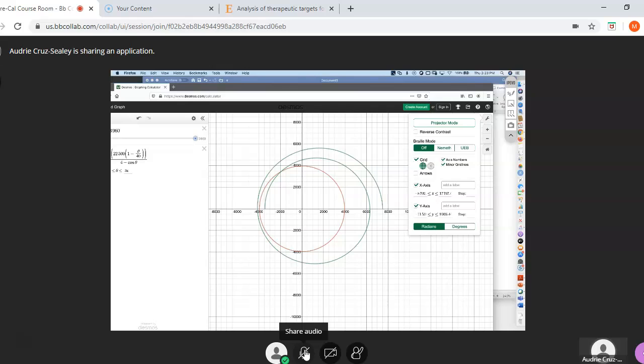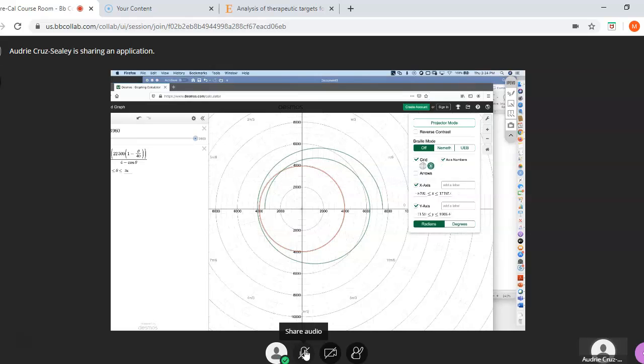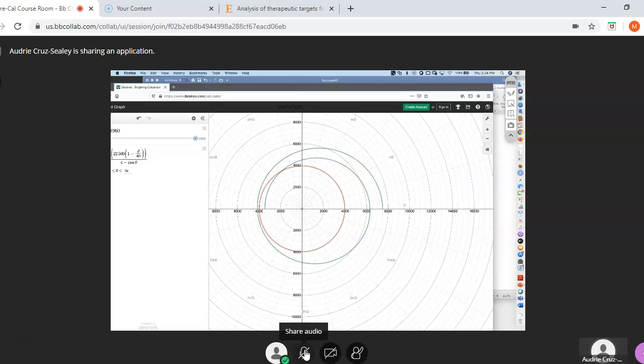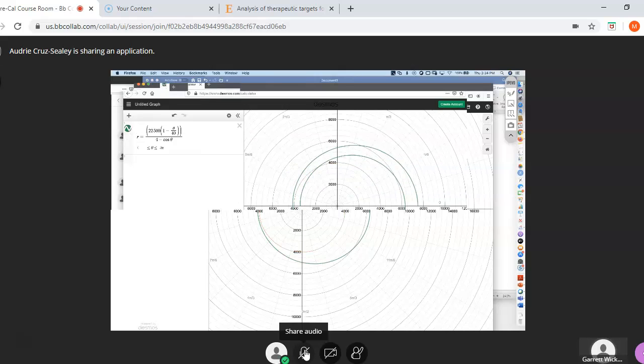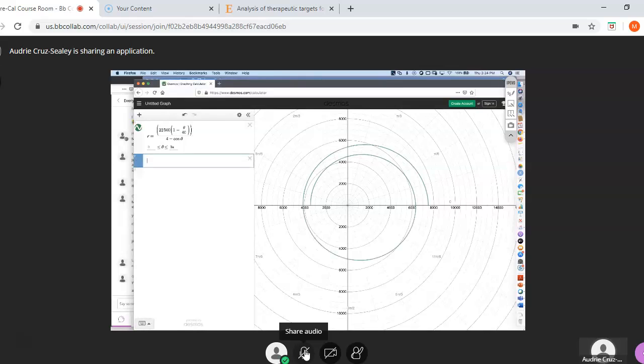If you come over here and change the grid to a circular one, a polar graph, look what it does. It's so cool. So not only can you see the X and Y axis, but now you can see the angles. You see them? Oh, shoot. Yeah, that's pretty cool. Isn't that cool? I was like, oh my gosh.